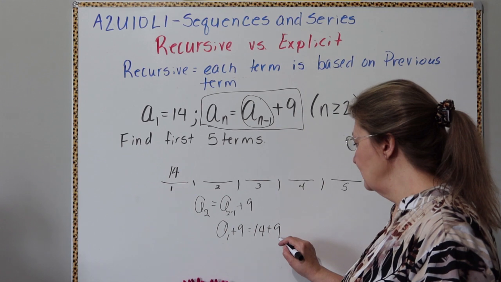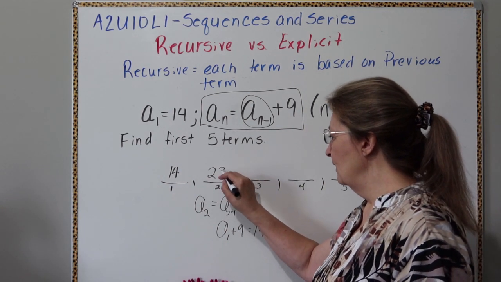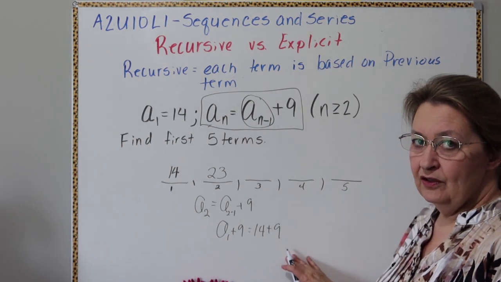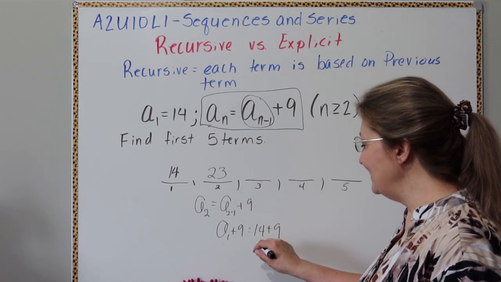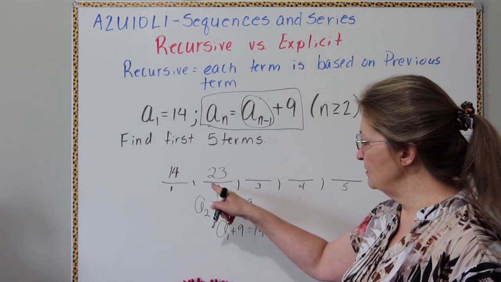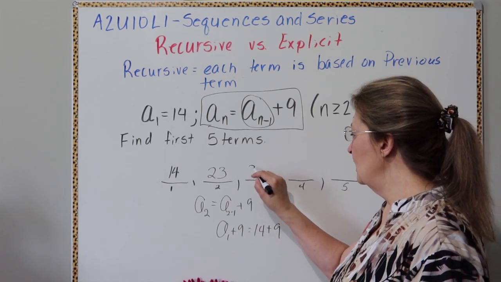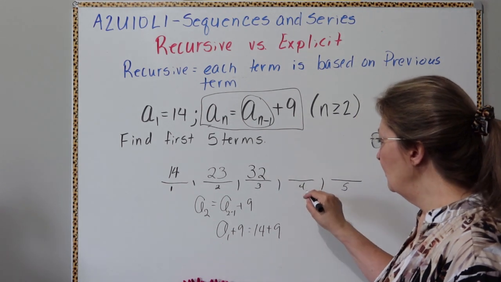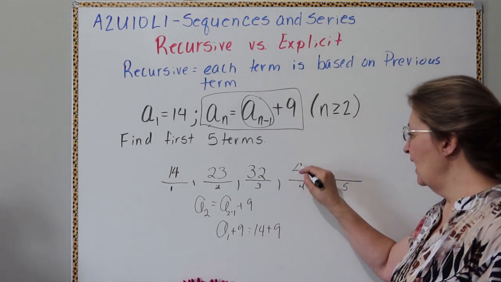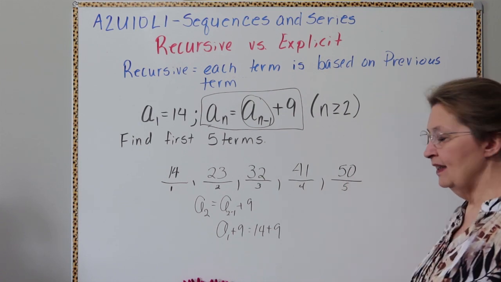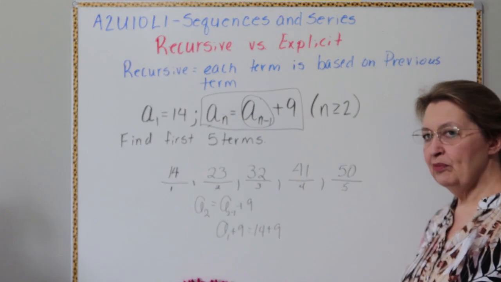So 14 plus 9 is 23. Now if you look at it, you have an even more basic rule. What you're going to do is add 9 to the previous value. So if I add 9 to 23, I get 32. If I add 9 to this, I get 41. If I add 9 to that, I get 50. So that's how to apply your rule.